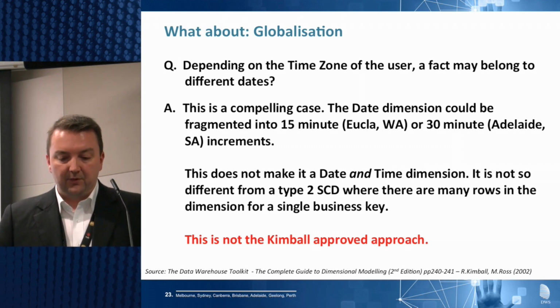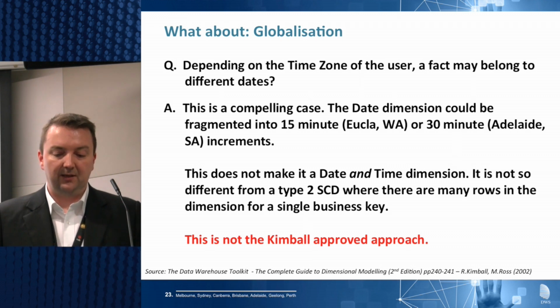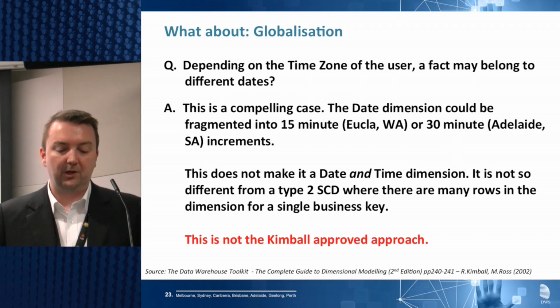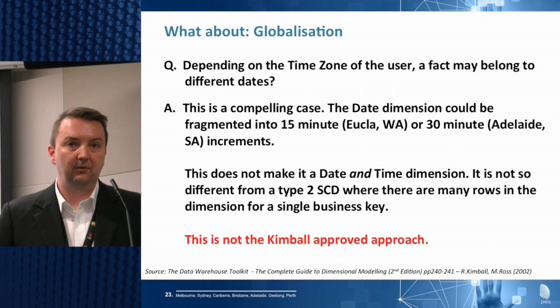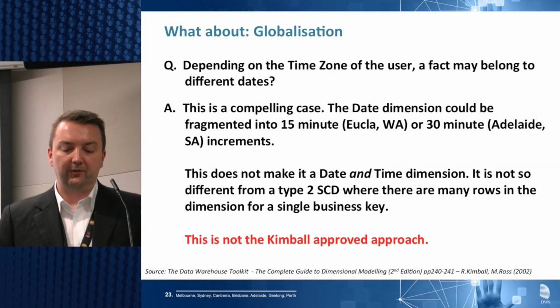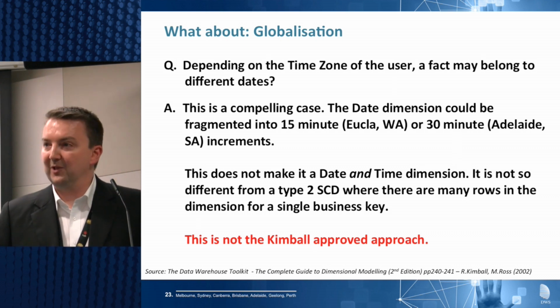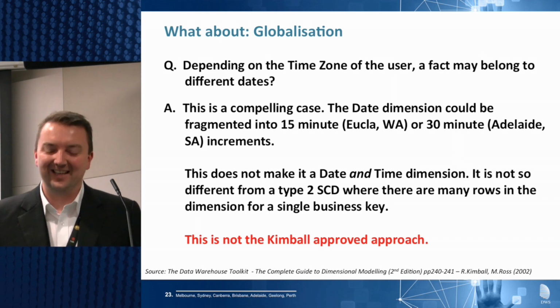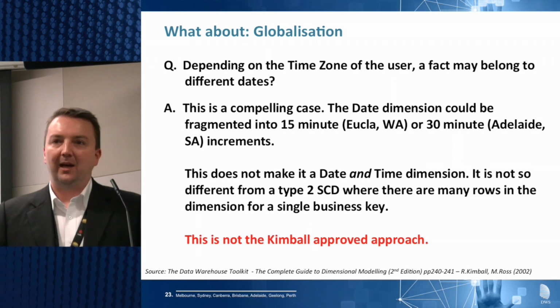So look, this is a tricky case. One possible solution is to create more rows in your date dimension. So a row for every hour, or if you want to handle South Australia, a row for every 30 minutes. If you want to handle Eucla in Western Australia, you can have a row for every 15 minutes.